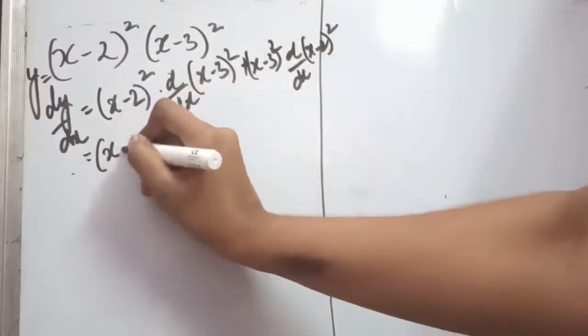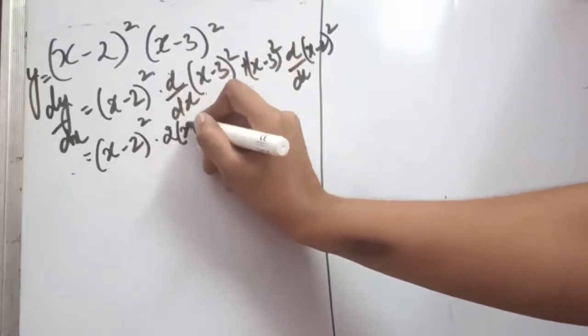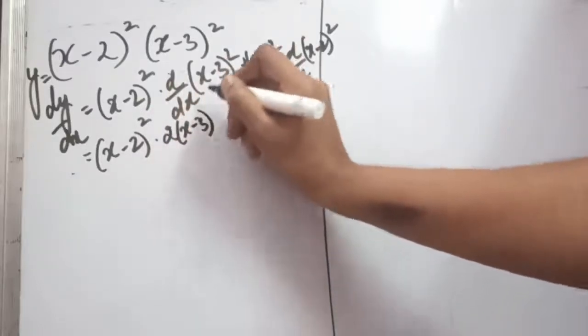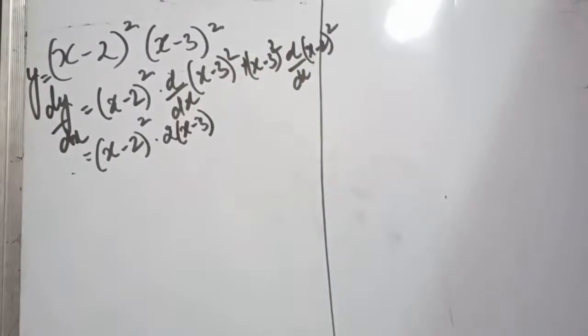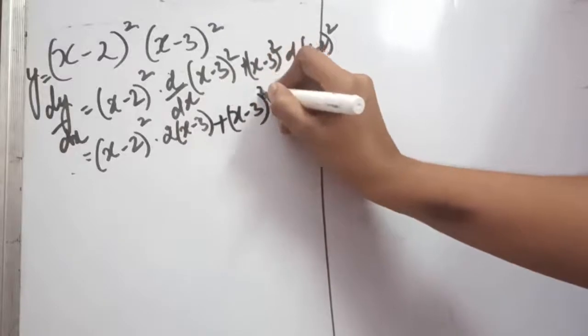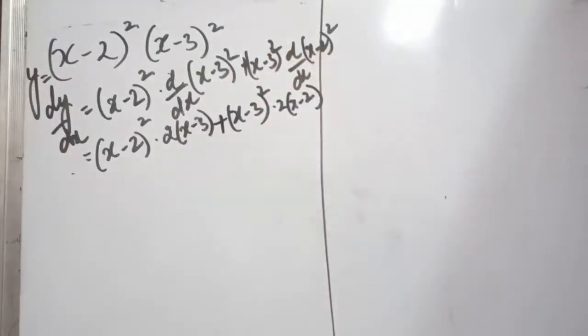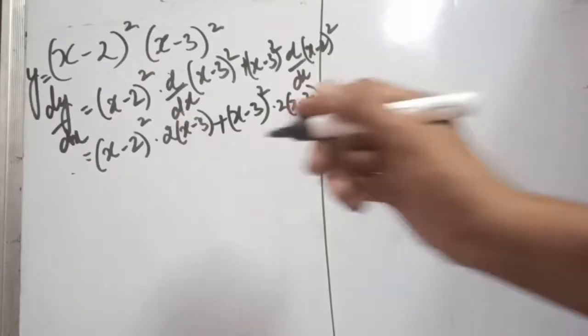So (x minus 2) square will stay in its own place, 2 will come in the front, (x minus 3), and the derivative of the inside value will be 1, so there is no need to write it. Plus (x minus 3) square into 2(x minus 2). Again the derivative of inside value will be 1, so there is no need to write that.